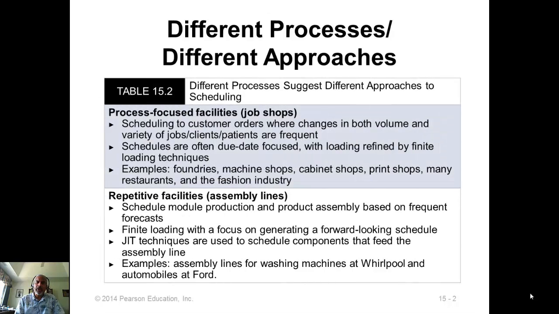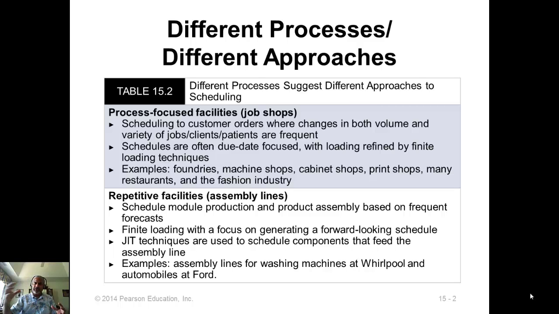Now, in different production processes, you need different types of approaches. If you look at production facilities, we can classify them into three major groups. One is job shop. Job shop is where you will have highly skilled labor but general purpose machines.